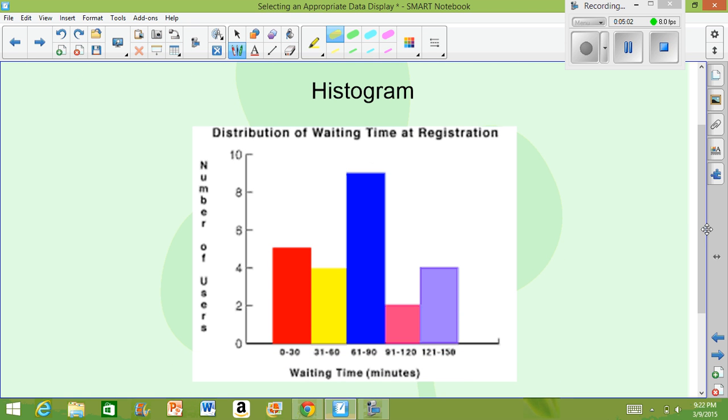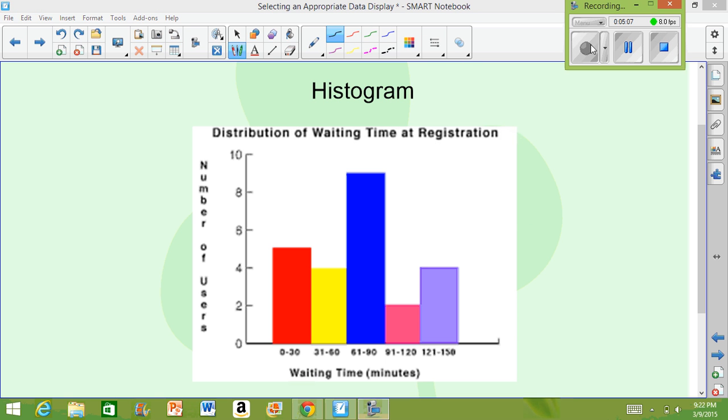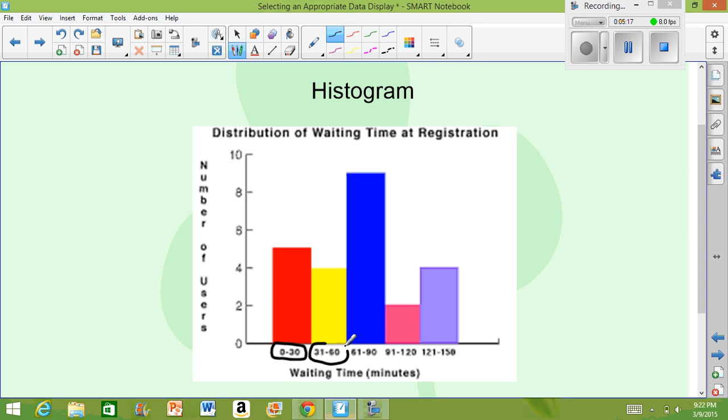Histograms are very much like bar graphs, except for one major difference. With the histogram, you'll notice that we have a range of numbers down at the bottom. So this one goes from 0 to 30, then 31 to 60, 61 to 90, 91 to 120, and 121 to 150.